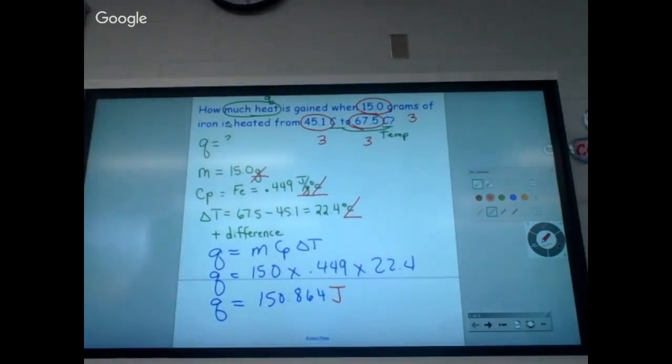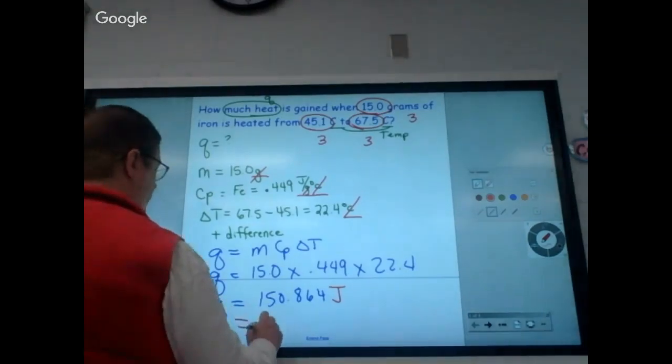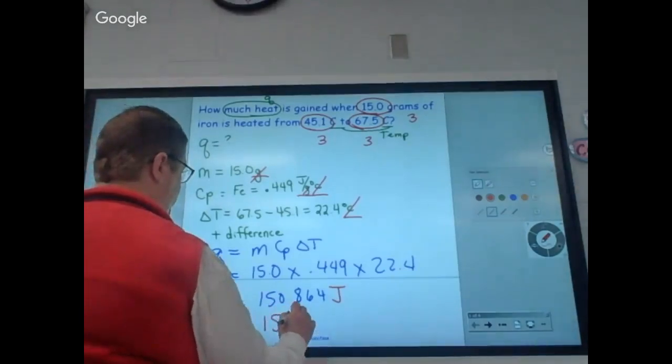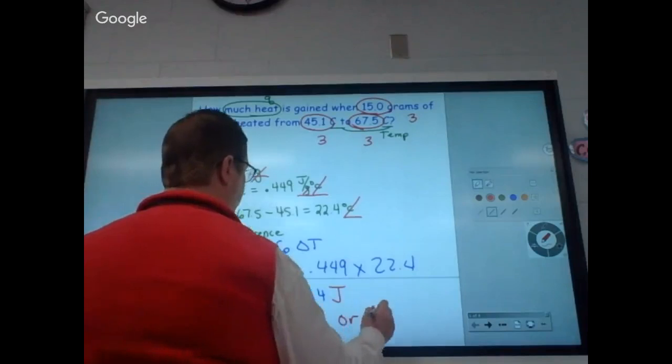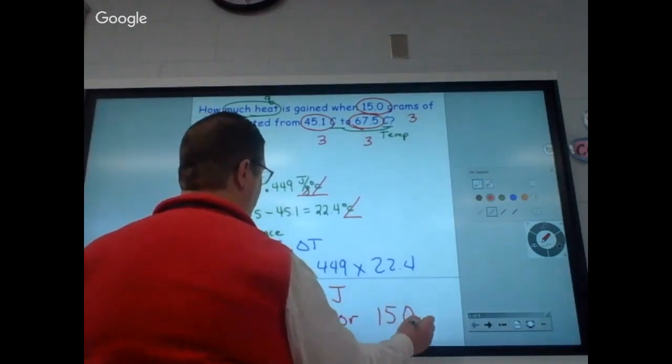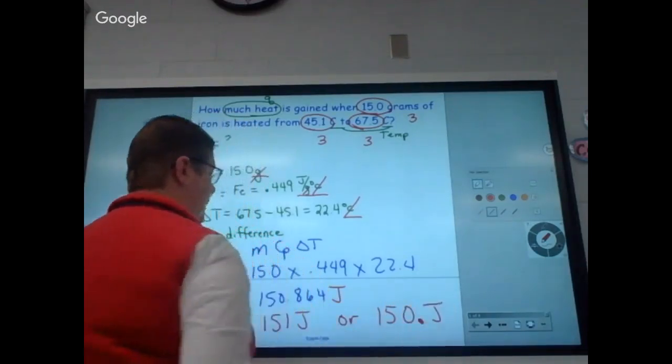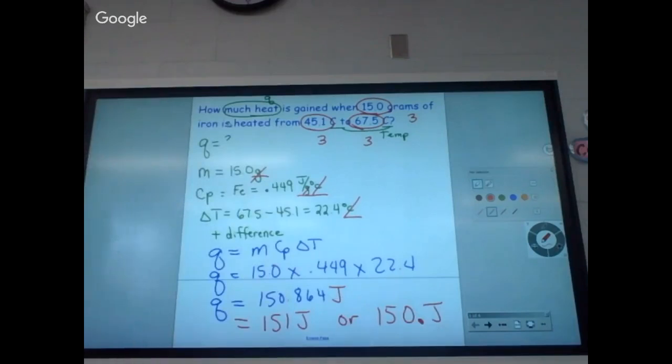There are 3 in all 3 numbers. So I need how many in my answer? 3. So I'm going to round that to what number? 151 joules. Now, if you wrote 150 with a decimal, I would take it. Questions?